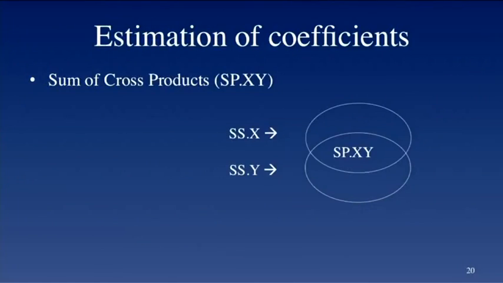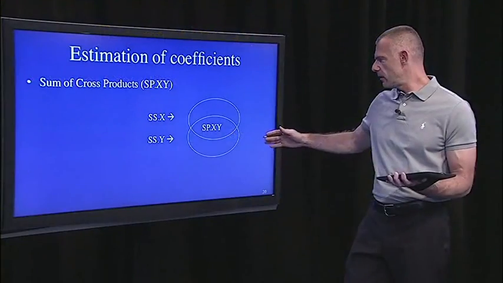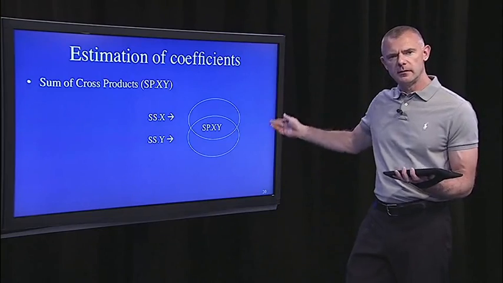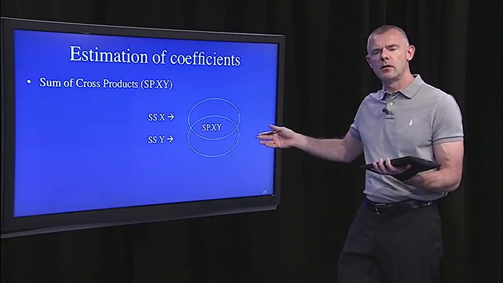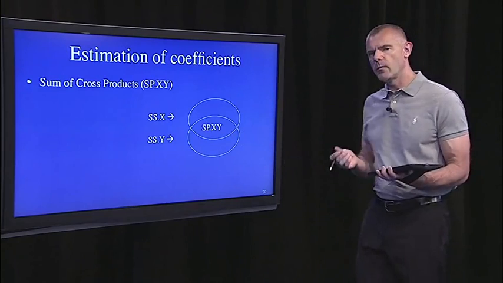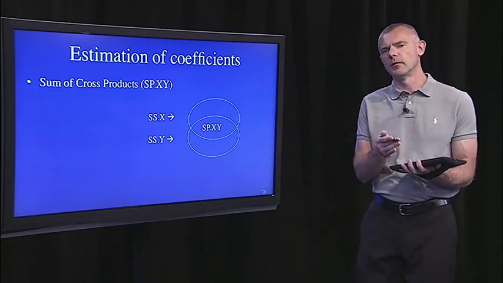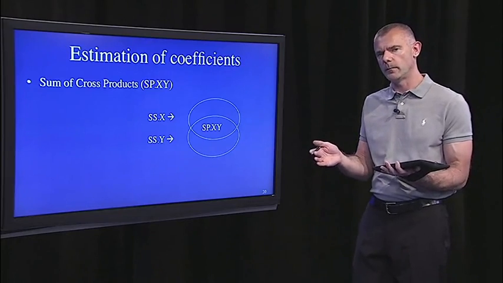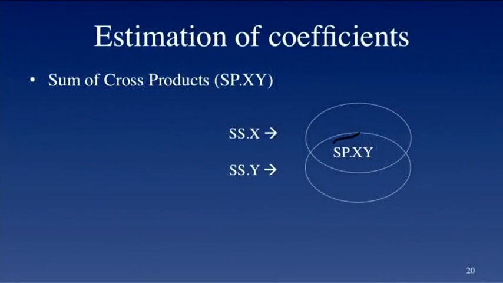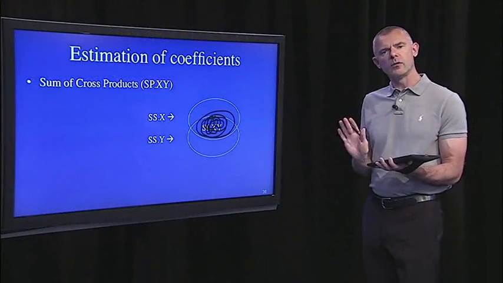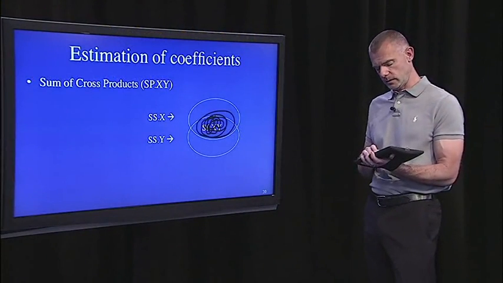And if x and y overlap, if they co-vary, remember from the lecture on correlation, then that represents the covariance or correlation. And remember, we calculated that by calculating the sum of cross products for x and y. So that's represented in this shaded region here, the sum of cross products. It contributes to the correlation, to covariance, and will contribute to the slope of the regression line.